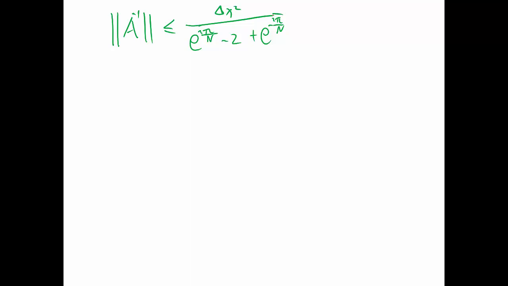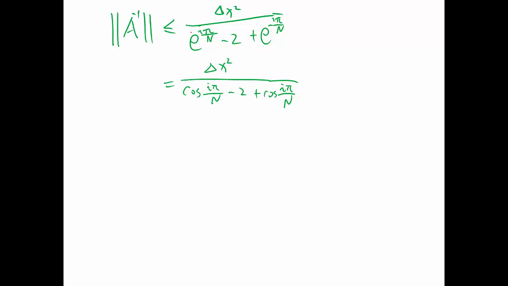All right, so that means we have delta x squared divided by the exponential i pi over n, which is equal to cosine of pi over n plus an imaginary part, which is going to cancel with this one, and minus 2 plus another cosine of pi over n.